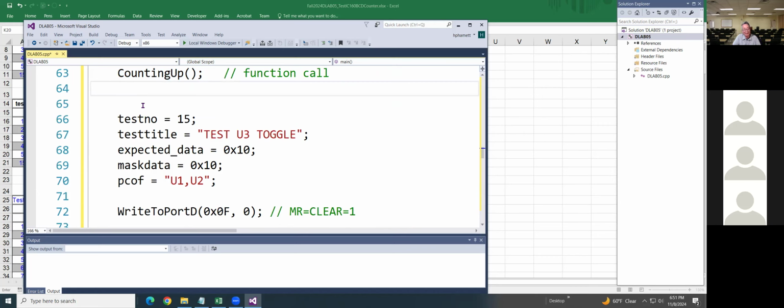Then each one will be a function. Okay? And the function has to get a declaration. And also has to get the function definition. Okay?